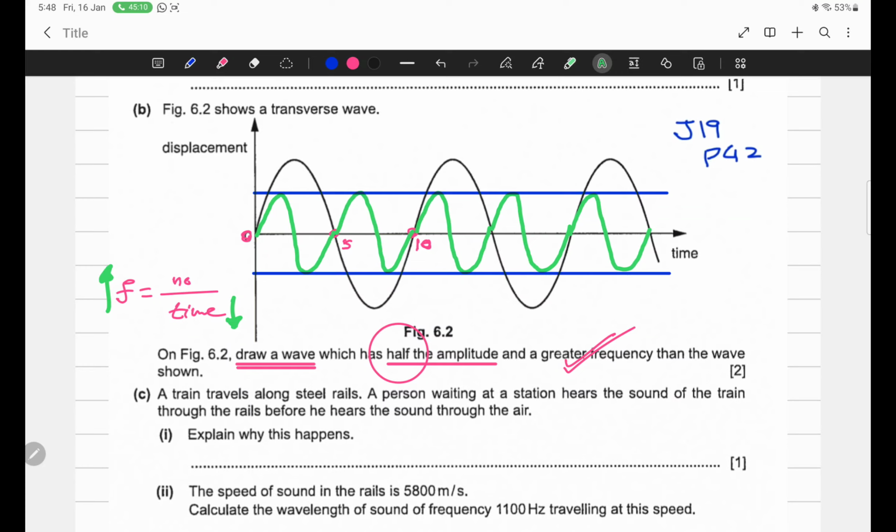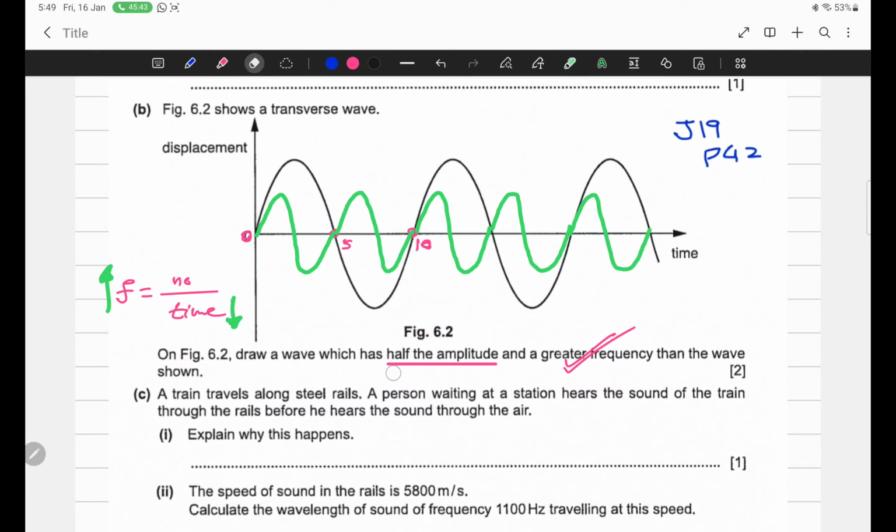So I have reduced the amplitude, and I should erase the blue lines as well, because the blue lines are boundaries. They are imaginary lines. I think you have drawn it. Do not draw here; it is just a rough diagram.